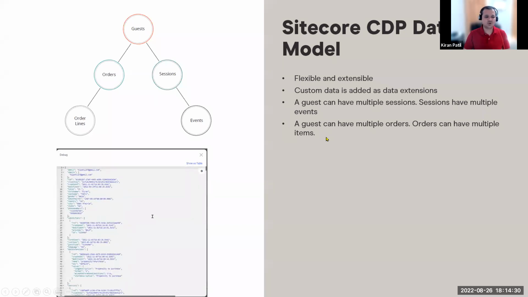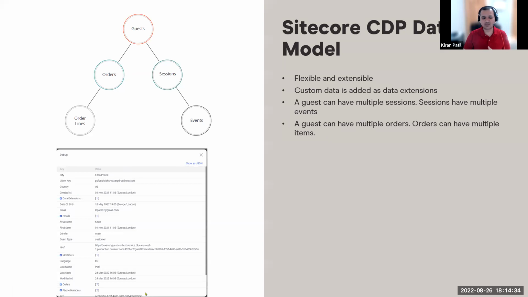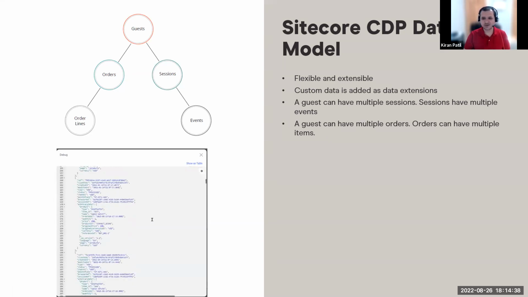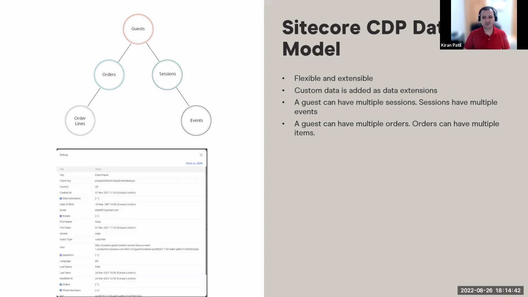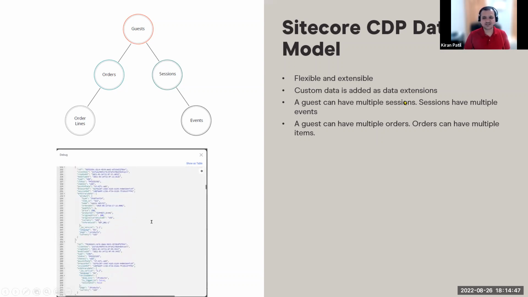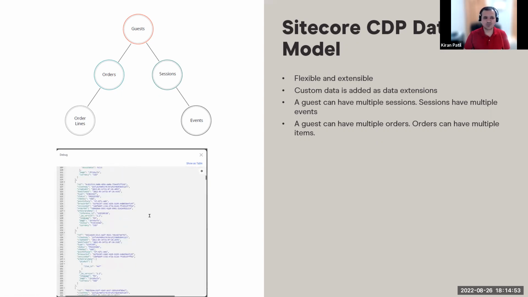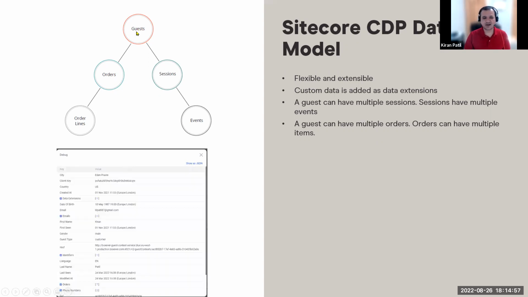So now let's move into Sitecore CDP data modeling, how that data modeling works. This slide is very important because understanding how Sitecore CDP data modeling works will help you implement something from the CDP side and the Personalize side. The first and foremost thing, this data model is very flexible and extensible. The custom data is added as data extensions. By default, you have the guest, that's the main entity.